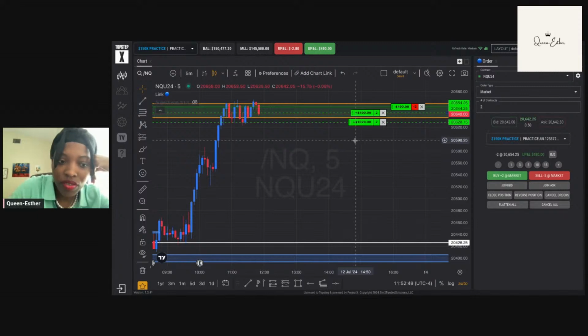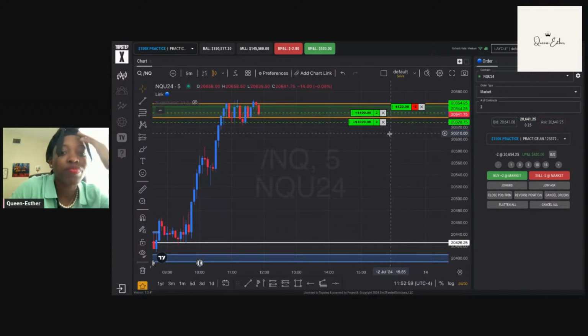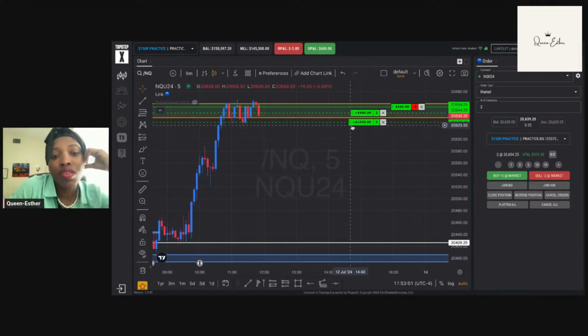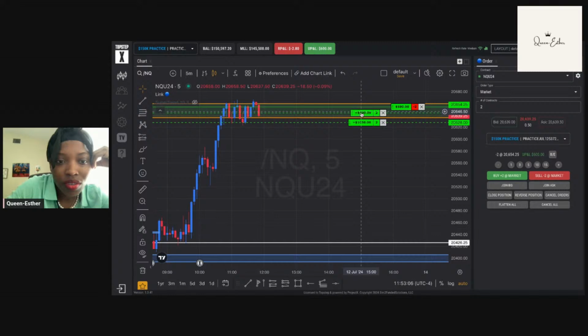All right. So I'm going to close this trade at 500. All right, good trail. It looks like a double bottom. Ooh, okay. It's still dropping, so I'm going to hold it. But I'm trailing.